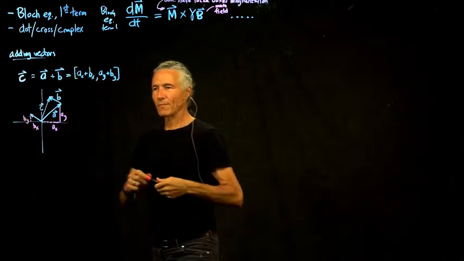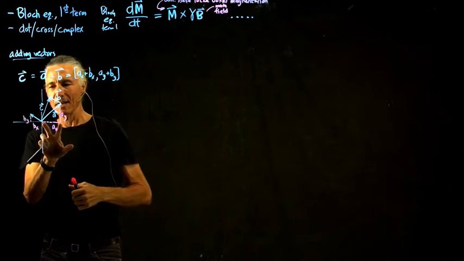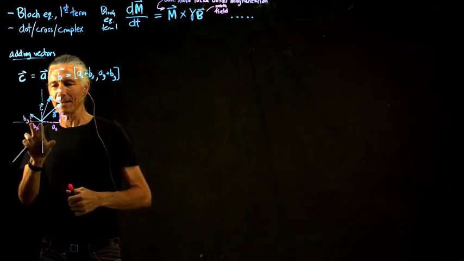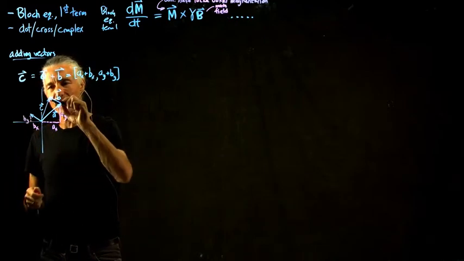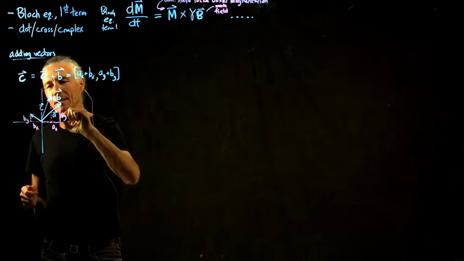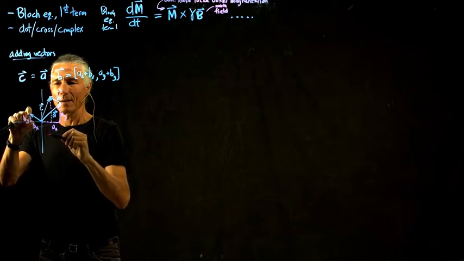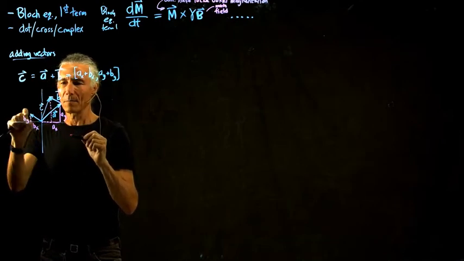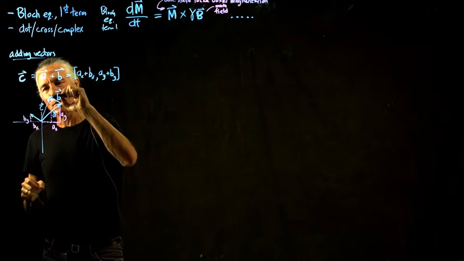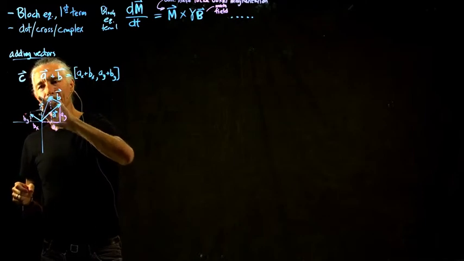So if we just add ax and bx, bx is negative, so it subtracts off, and that will give us this x-coordinate of C. And then if we add the ay to by, we get this y-coordinate of C.